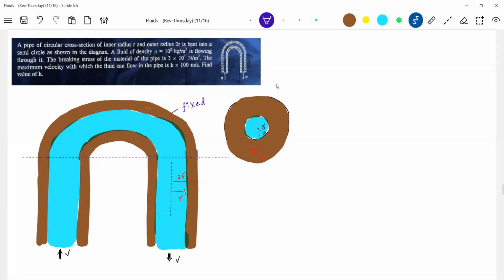We'll use a symbol like this: curved section, and straight or linear section. The curved section will try to pull the straight sections, and here they'll experience a force. That is what we have to calculate as the stress there.